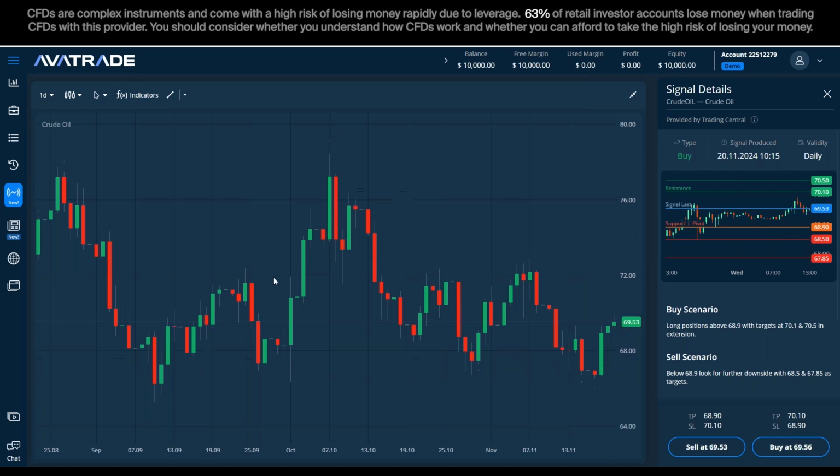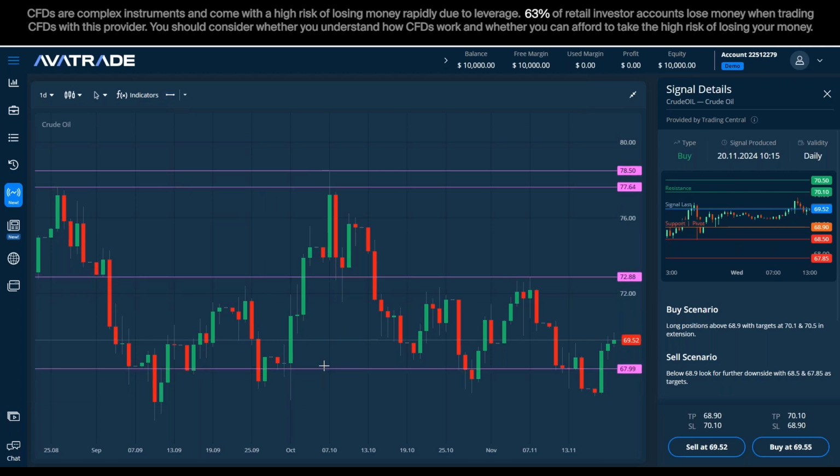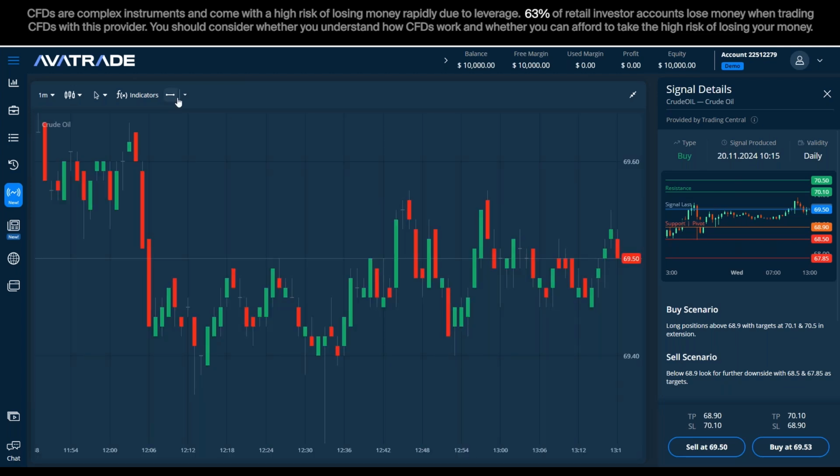Support and resistance are edge points on the chart that help us understand potential reversals and capture the trend in a better way. As you can see, I've marked the visible support and resistance that I see, but in here there are different levels. For me to see the levels that are here, I have to match the validity of the picture to the right. Let me quickly go back to show you. Unfortunately, if I would like to do additional analysis on top of the signal, I cannot see the level that is here.